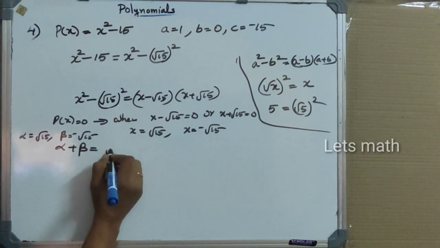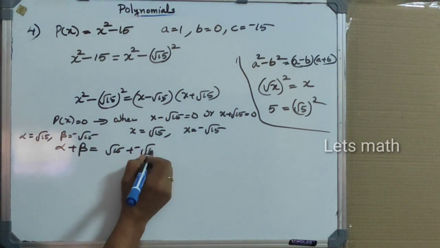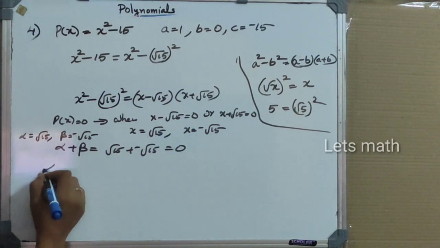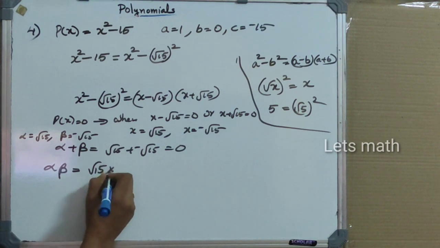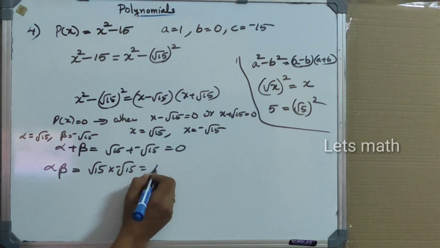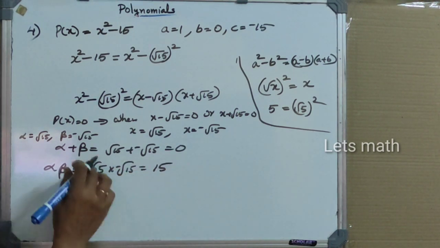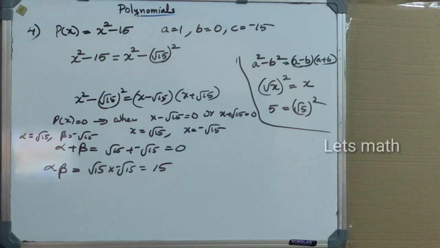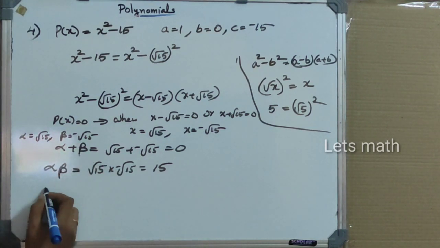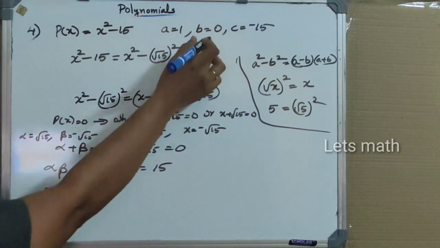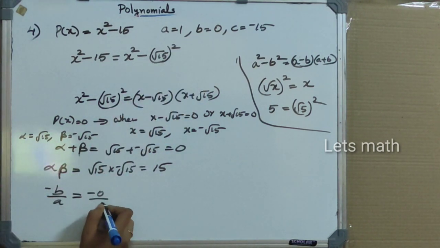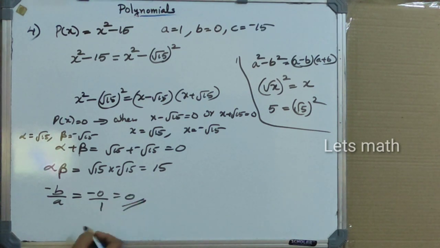Alpha plus beta is root 15 plus minus root 15, we get 0. Alpha beta we get as minus 15. Let us see what alpha plus beta is. Minus b by a: b is 0, so 0 by 1, that is again 0.